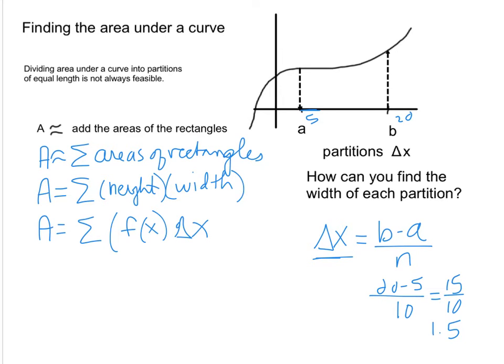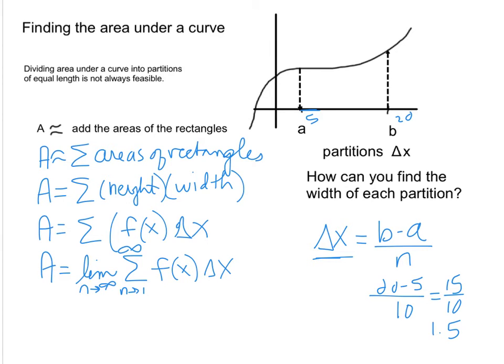Okay, so then if we take that a little bit further, we would say that the number of partitions, like say we wanted to do the sum from 1 to infinity. We want to do an infinite number of rectangles to divide that area of height f of x and width of delta x, right? If we do that, and then we take the limit of that as n approaches infinity, right?